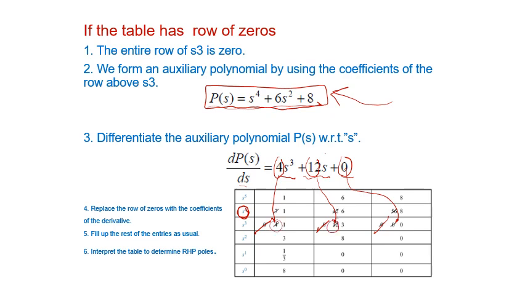We can divide it by 4. So if I divide the row by 4, this becomes 1, 3, and 0. That's how we can solve the problem of the row of zeros. Now the row of zeros has become 1, 3, and 0, which is normal, and now we can deal with it.